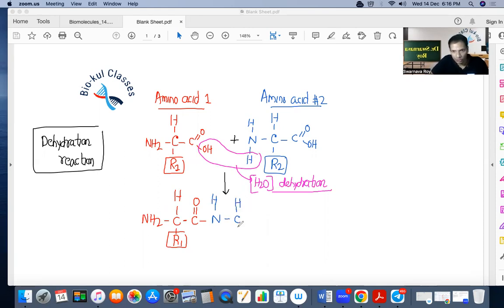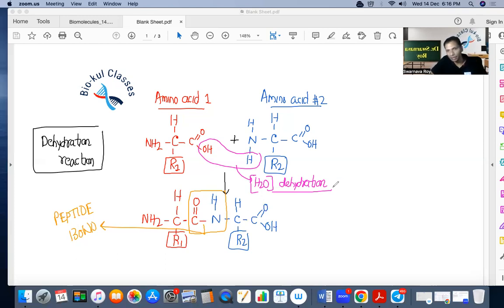So this is H, this is R2, and COOH. This orange box, this bond which is formed, is called the peptide bond. So what is the peptide bond? CONH is called the peptide bond, and a water molecule is released by the process of dehydration.